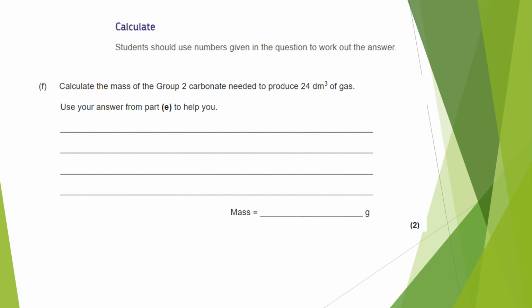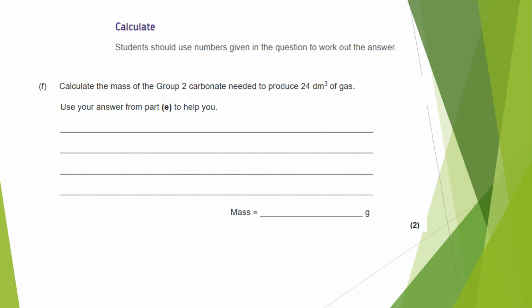So the next command word is calculate. Whenever you see a calculate, you need to use figures, either obtained from a previous question that you've worked out or directly from a graph or table. In this case, it wants you to use the number you worked out from the previous question, which was 32 grams. So calculate the mass of group 2 carbonate needed to produce 24 decimeters cubed of gas.